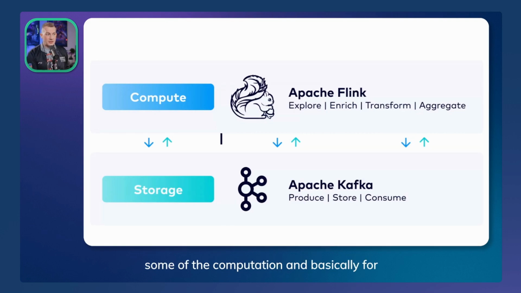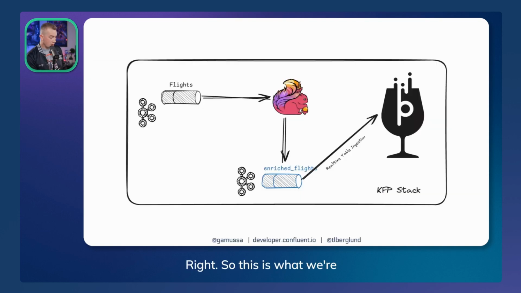Flink performs some of the computation. And for many use cases, Flink can be used as an engine to do materialization, a constantly updating materialized view, for systems like Apache Pinot. This is what we're going to be demonstrating next.